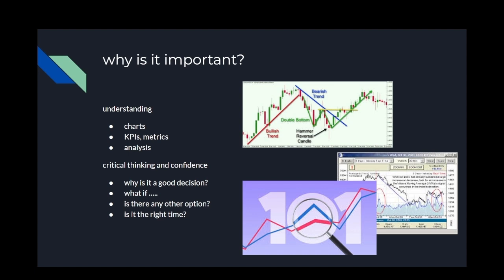Another thing is what if, to create some scenarios. What if the market goes wrong tomorrow? What if the market goes well tomorrow? This helps me build scenarios and decide what my actions will be in each one.